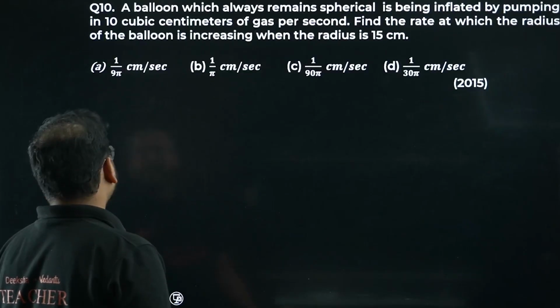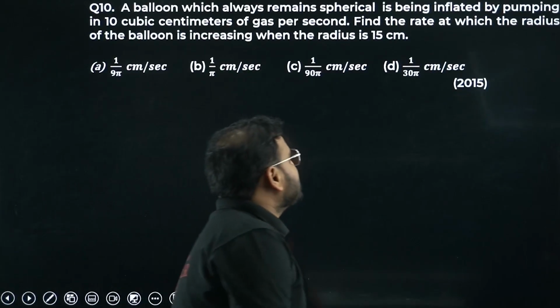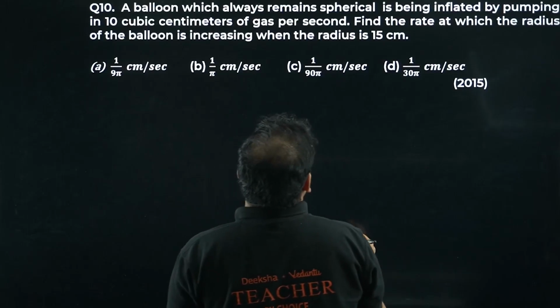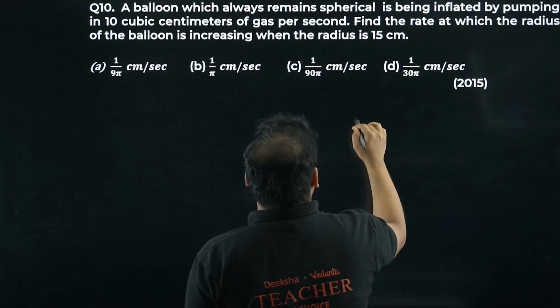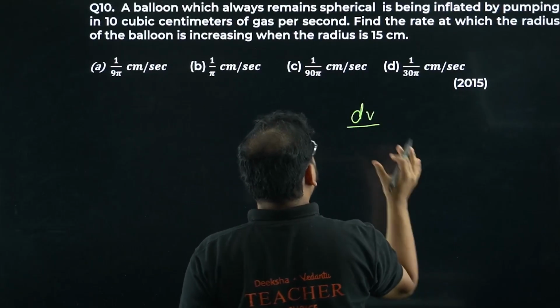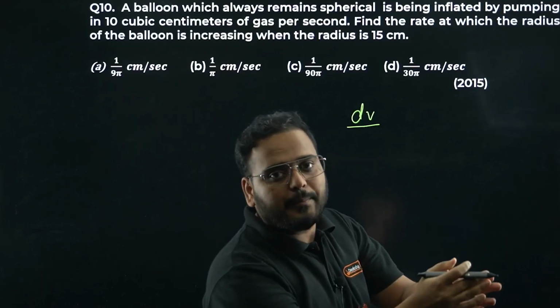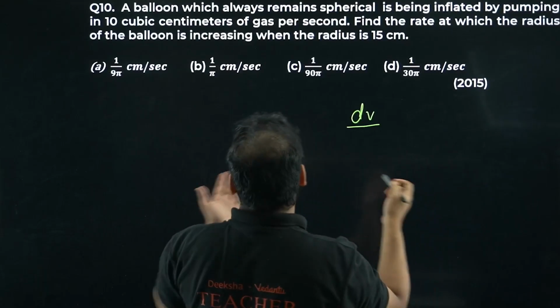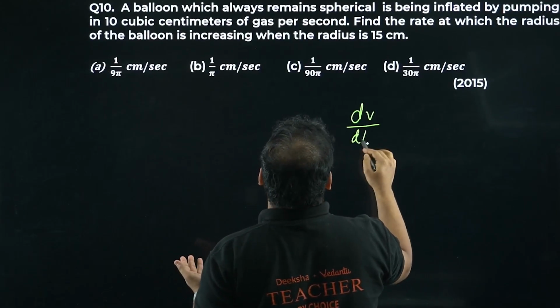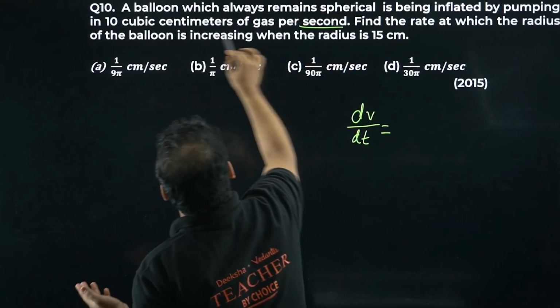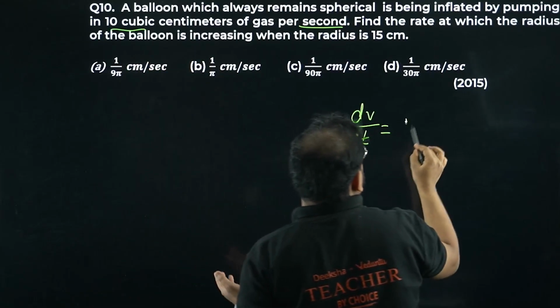Question number 10 now. A balloon which always remains spherical is being inflated by pumping. Oh, volume change is given. Pumping what? Volume, your air you want to pump in. So volume is increasing. dV by dt is given, per second, so dV by dt is 10.